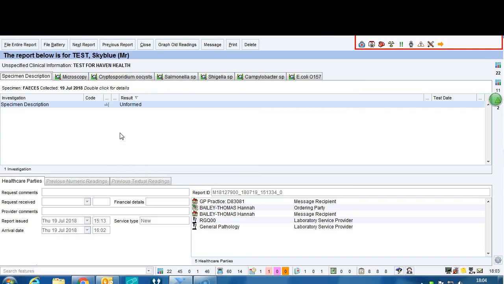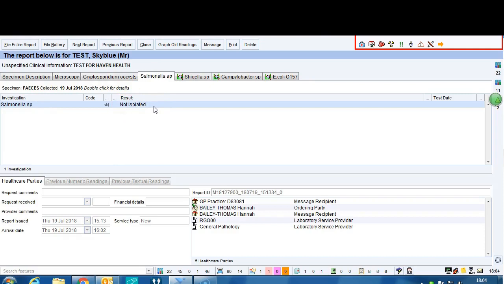So this is a stool result. Stool results look like this. They look quite complicated, but again it's just about systematically going through it. So specimen description unformed, so that means liquid stool. Microscopy, nothing abnormal, pretty straightforward. This thing, not seen, negative. Salmonella, not isolated.